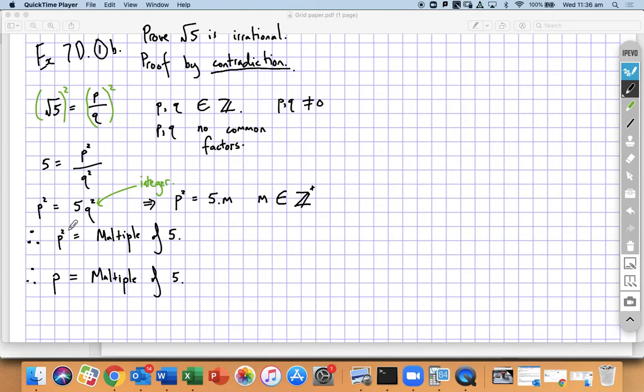if the square of a number has a factor of 5 in it, does that mean that the number by itself also has that factor? And the answer is yes, but only because it's a prime factor. And I think it's best shown with an example.